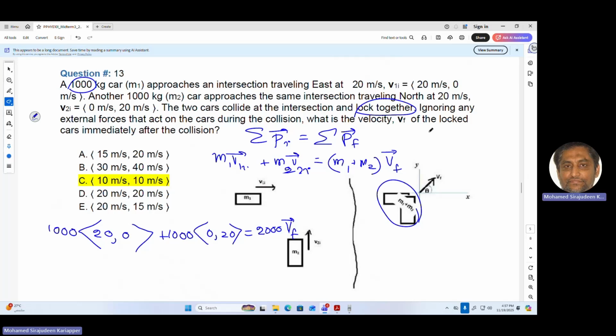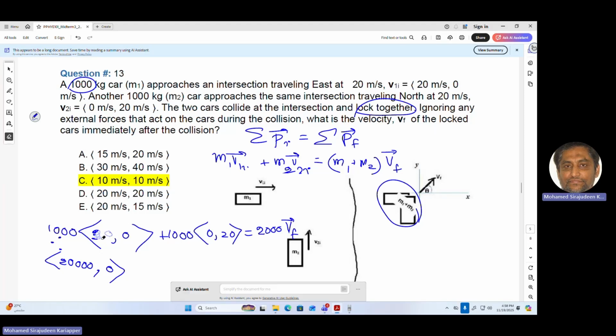So you go slowly, do this multiplication of the vector first. So it will be 1000 into 20, which is 20,000, and this 0. But before we do that, we need to make sure about the negative or positive. Yeah, it is a vector, so east means plus 20, right?